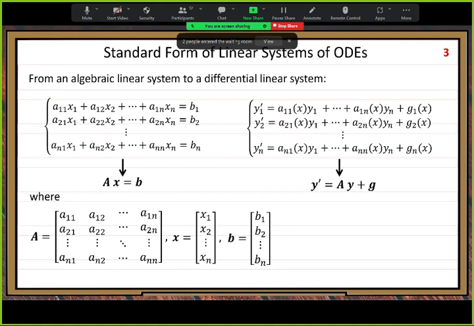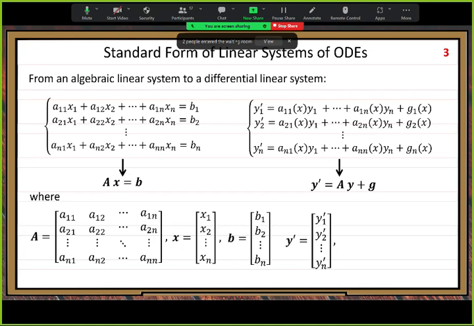All right. So y prime equals A times y, matrix multiply vector, plus g vector. That's the standard form. So that's what we call the standard form of linear systems of ODEs. Then we can apply linear algebra tools on this new version of ODE.